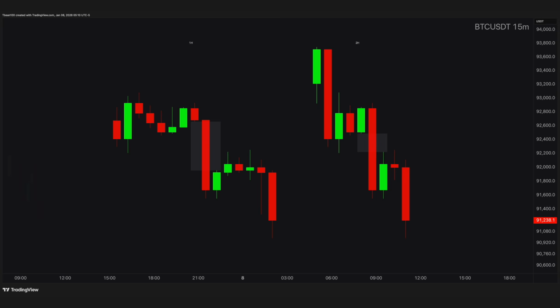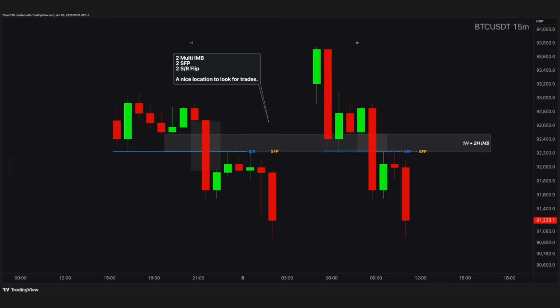For example, when you look at the 1 and 2 hour time frames, you can clearly see the multi-imbalance area, followed by multiple swing failure patterns and multiple SR flips at once. Because of that, you immediately get a clear trade idea along with an expected move that could happen. The next thing you should ask yourself is whether there is a real reason for the price to crash downwards, a possible target maybe.